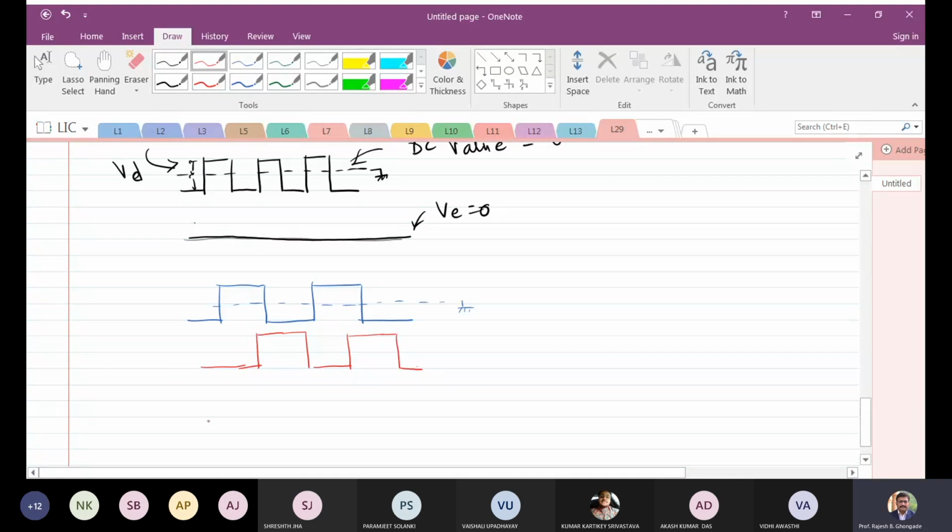So how do you estimate the output to be? Again, look what is happening.